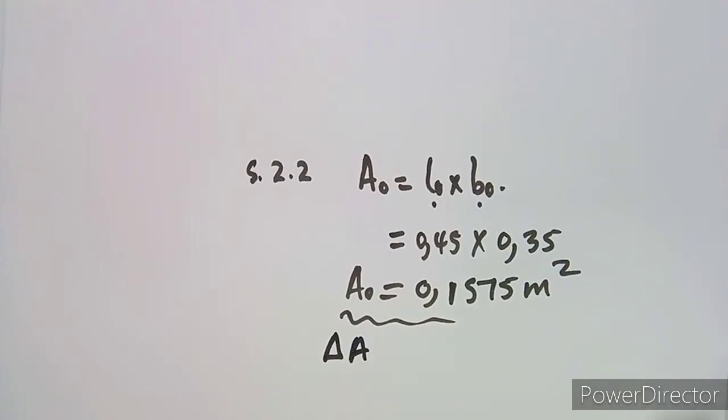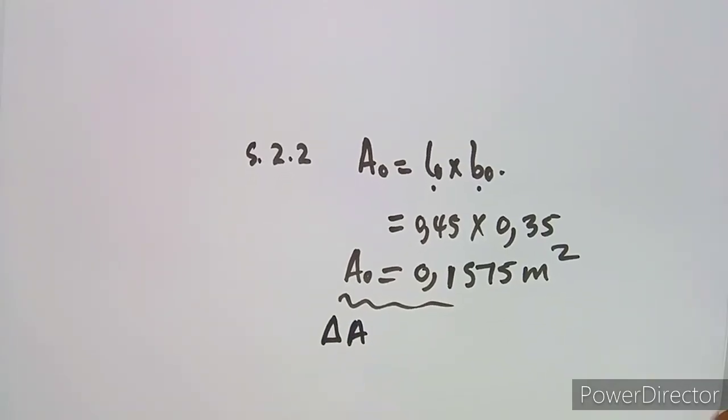Let me just write it down. The increase, which is the change in area, is equivalent to, you can write it as 2 alpha, or you can use alpha inside the question. It was supposed to be like this: original area times 2 alpha, times the change in temperature.